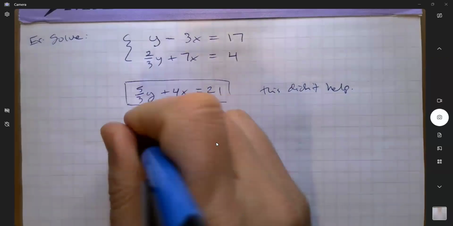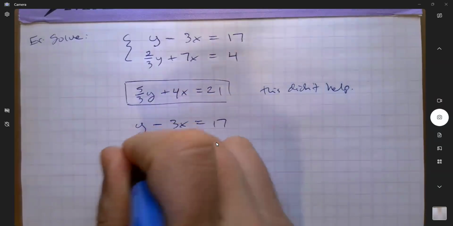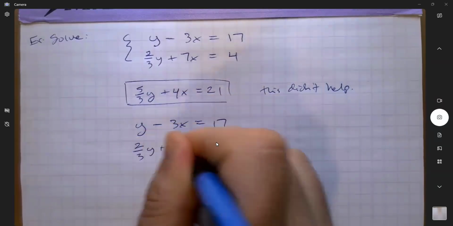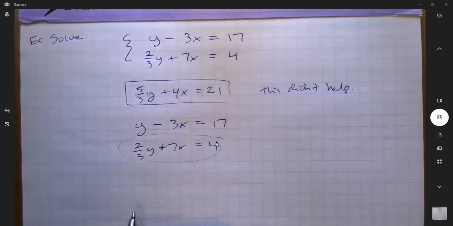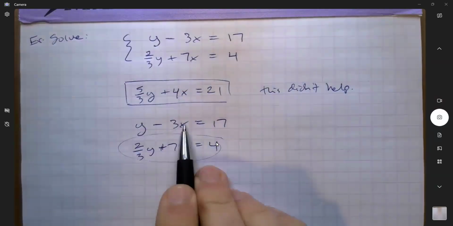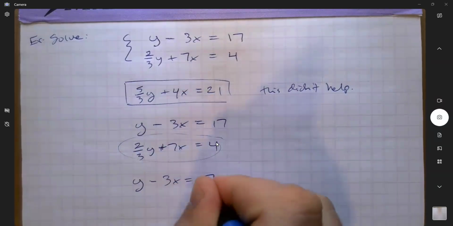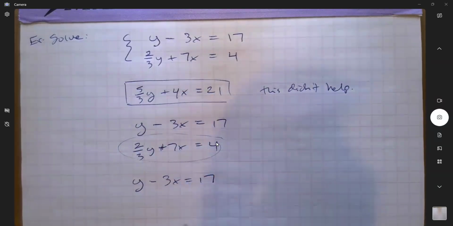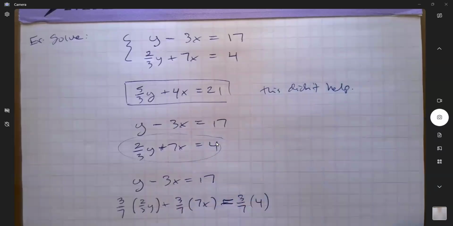I could do some extra arithmetic. I could take the y minus 3x equals 17 and the 2/3 y plus 7x equals 4, and turn this equation so that it gives me an opposite. I could say, if y minus 3x equals 17, then 3 over 7 times 2/3 y plus 3 over 7 times 7x equals 3 over 7 times 4.